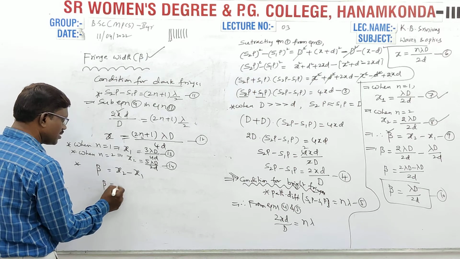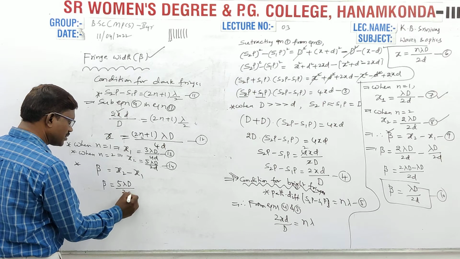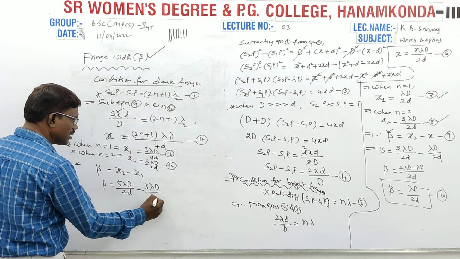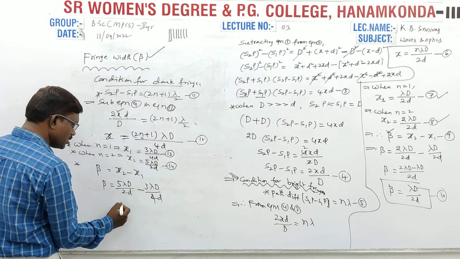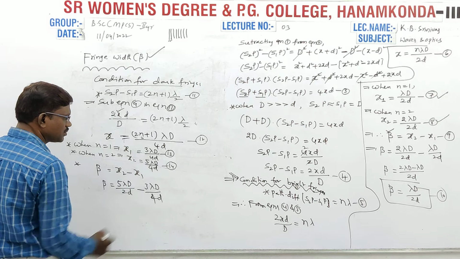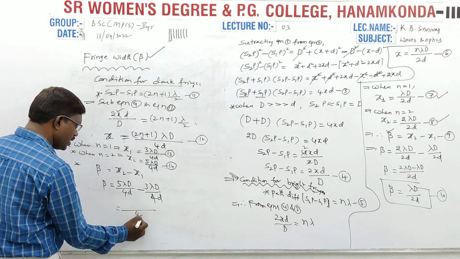So beta is equal to, what is the x2 value? This one, 5 lambda capital D by 4d. What is the x1 value? 3 lambda capital D by 4d. This is also 4d, not 2d, 4d. So the LCM will be 4d only.